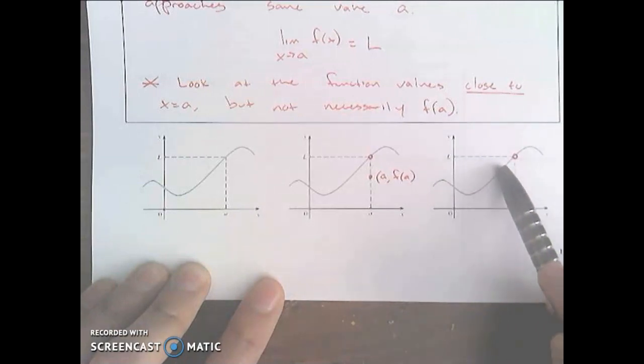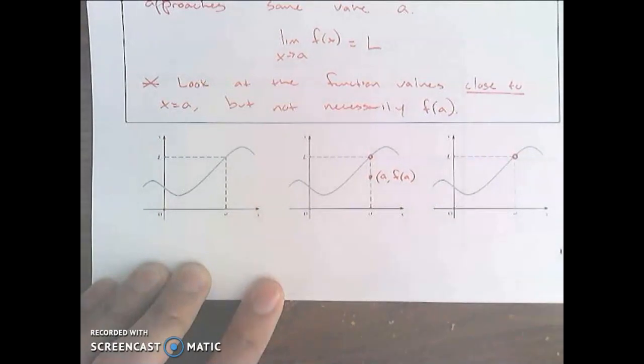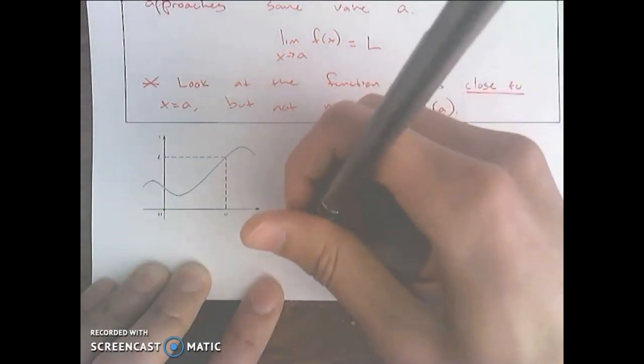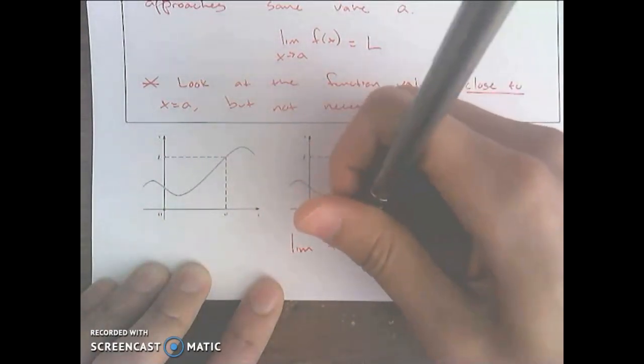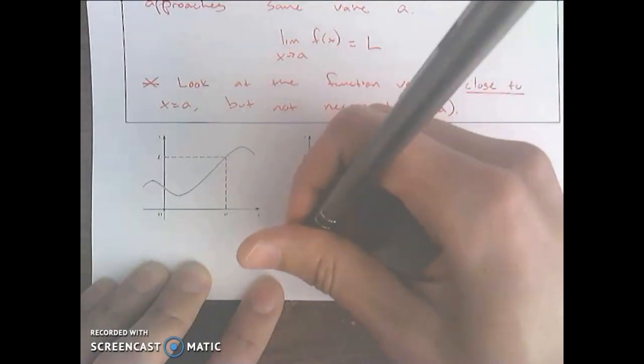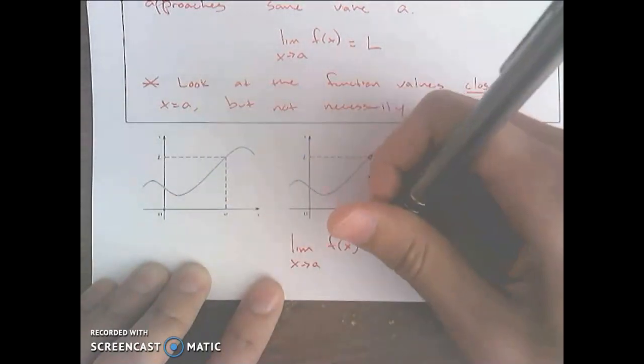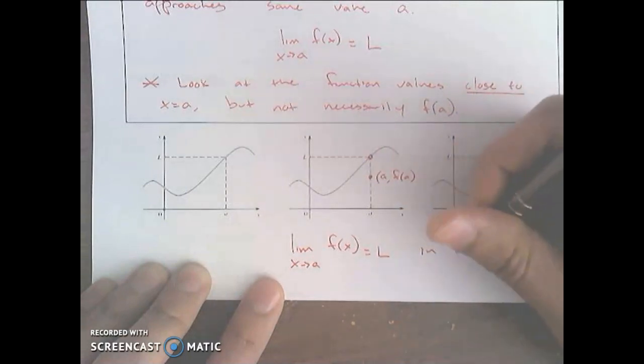As we get closer and closer to x equals a, the function gets closer and closer to L. So the truth is, the limit of f of x as x approaches a equals L in all three of these cases.